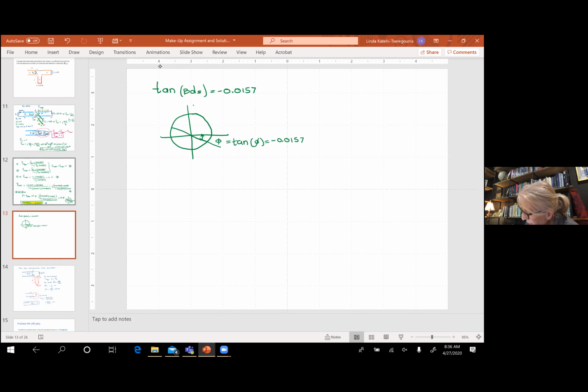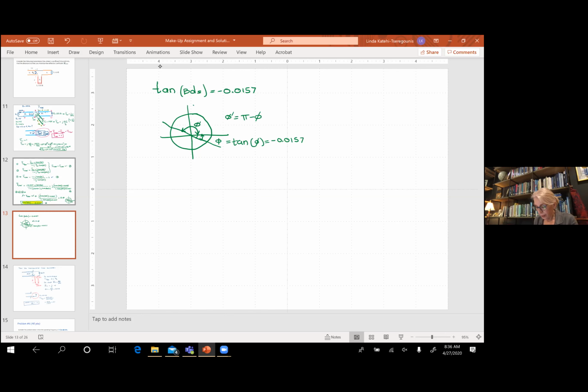But since we cannot have a negative argument, we go here, which has the same tangent. So from here to there. So this φ prime is π minus φ.